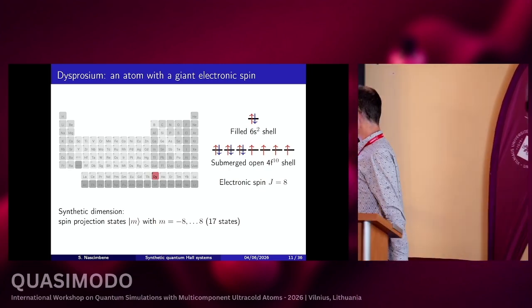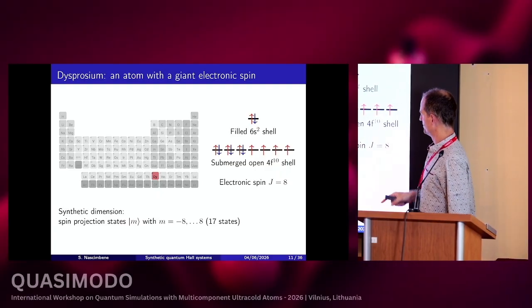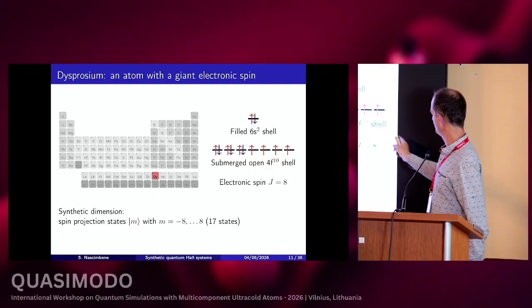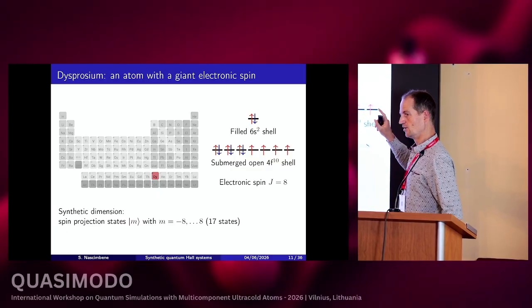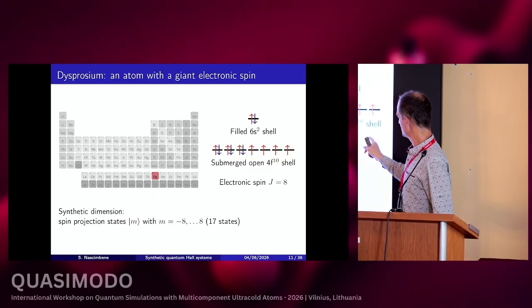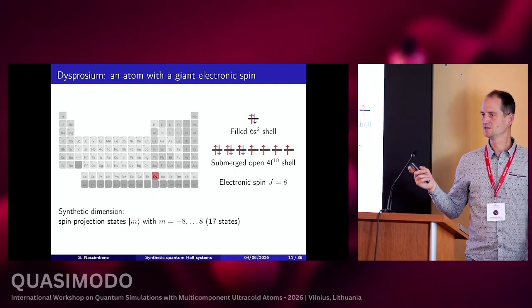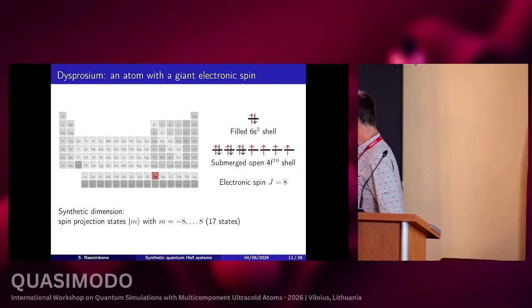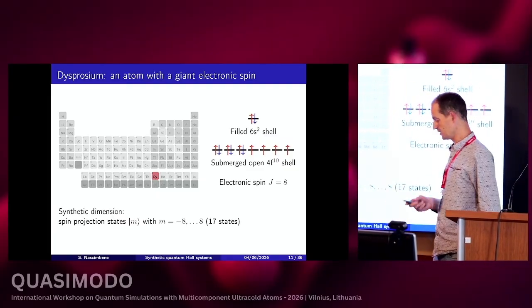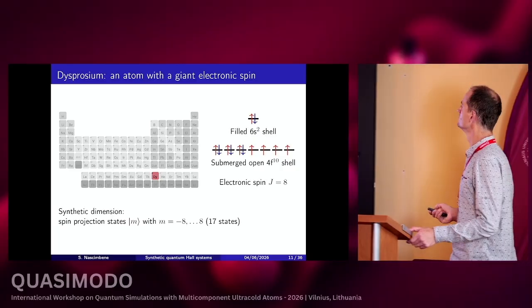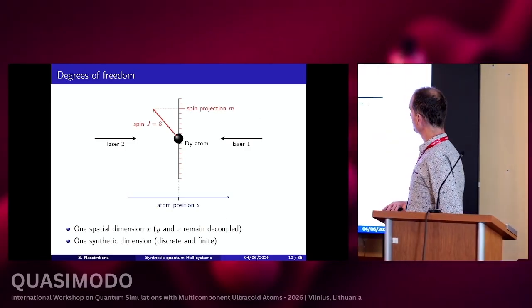Dysprosium is a lanthanide atom, where in the electronic ground state, you have in the submerged F shell 4 electron vacancies, which combine to give rise to an angular momentum J equals 8, which means 17 magnetic sublevels with a quantum number n ranging from -8 to +8. So these are the degrees of freedom I'm going to consider.